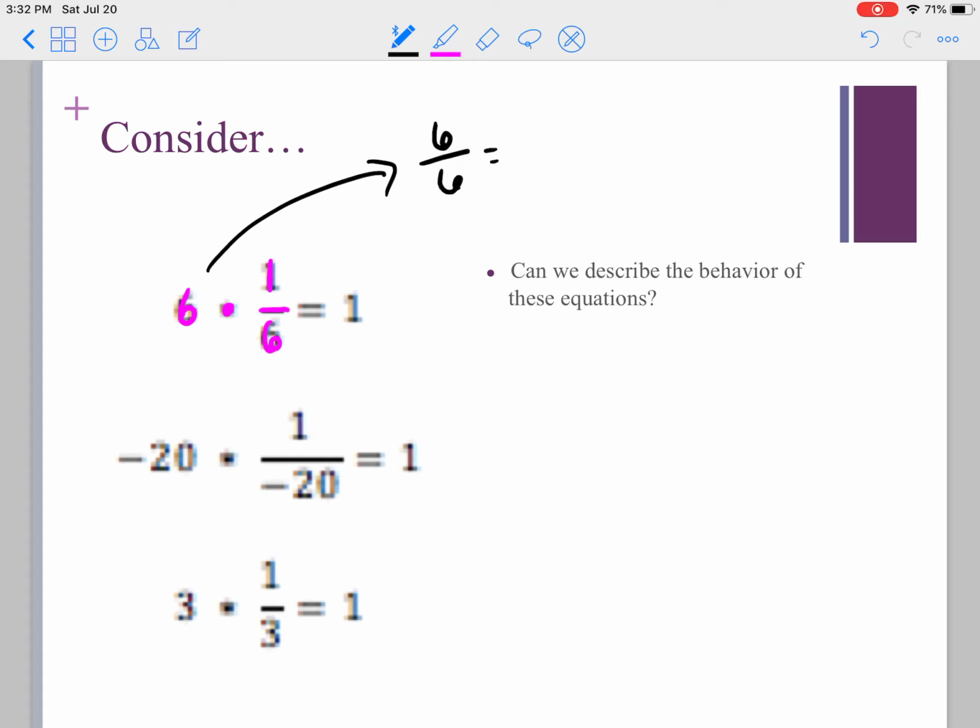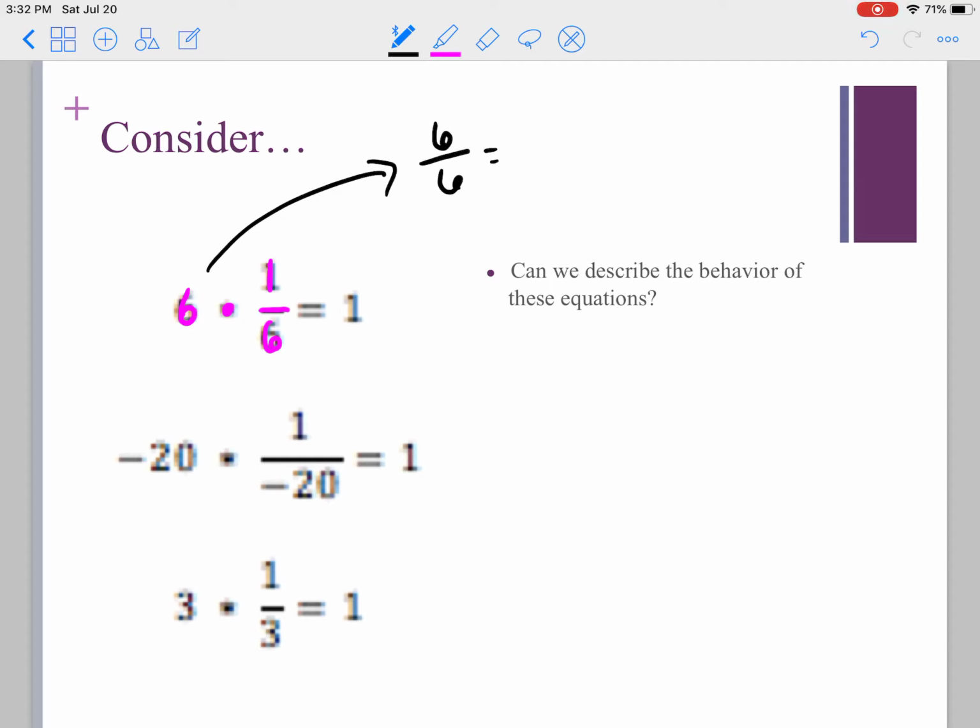So similarly to how subtraction is the same as adding a negative, we can say division is similar to multiplying by a fraction.